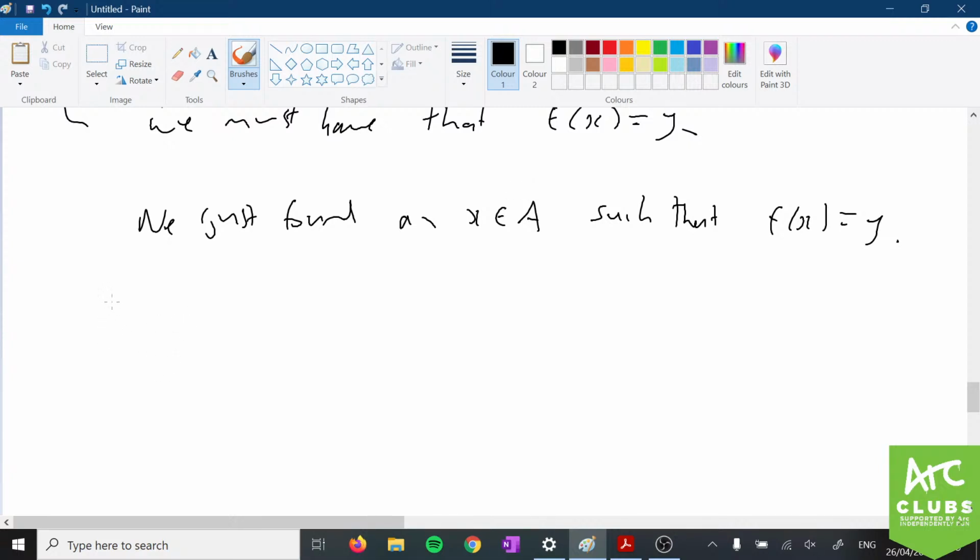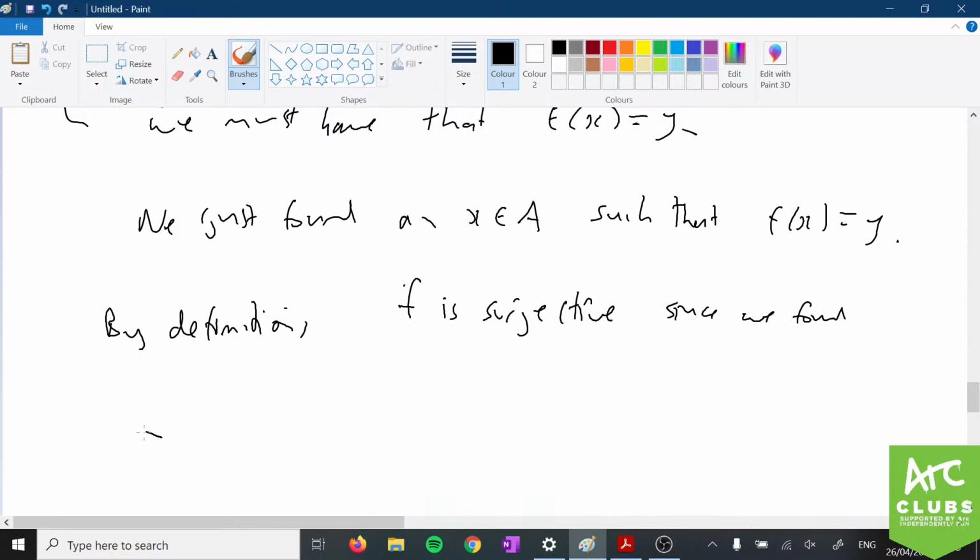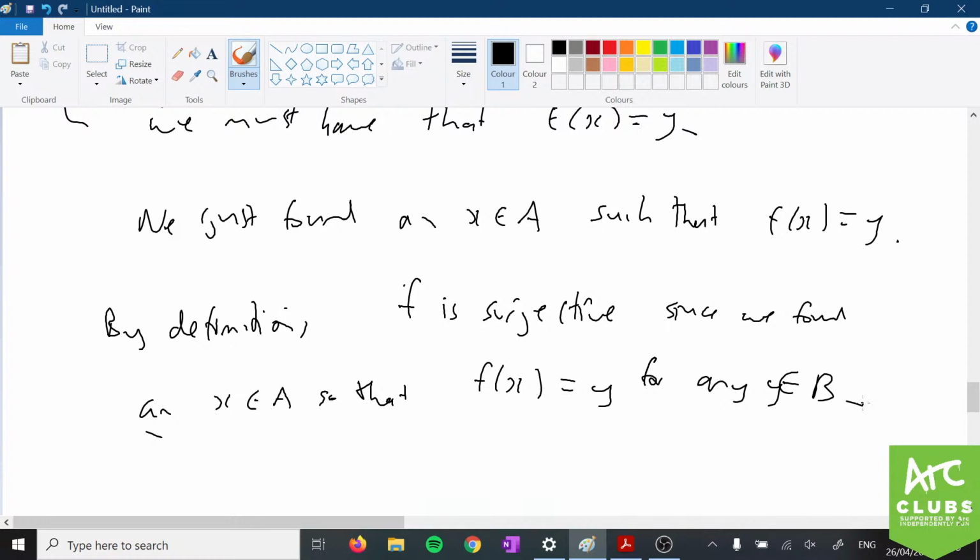And so by definition, f is surjective, since we found an x in A so that f of x equals y for any y in B. And yeah, that's the end of the proof. Let me just put the square here. And that's the proof. Are there any questions?